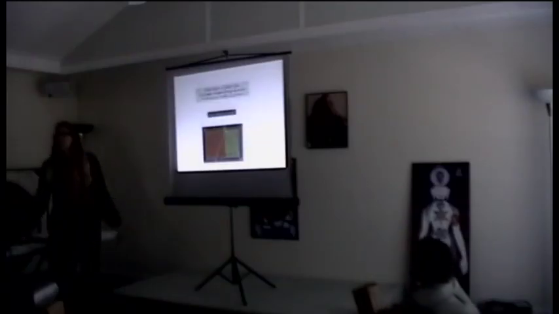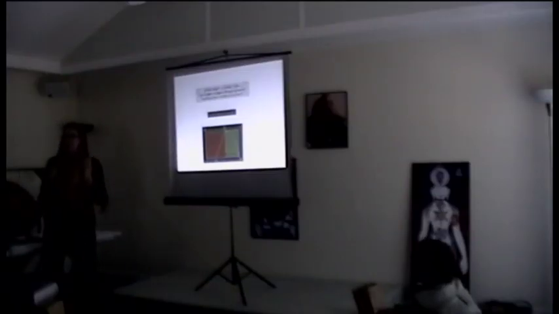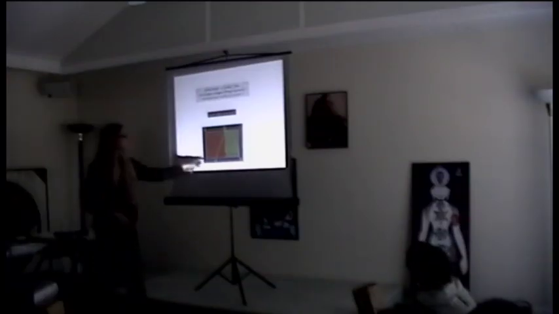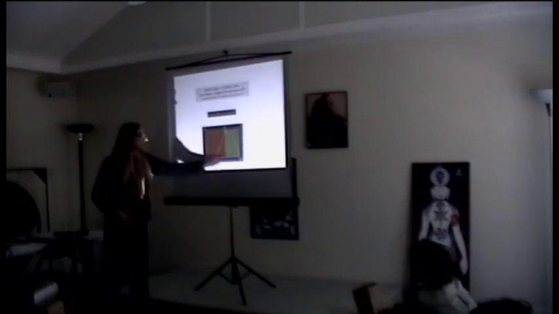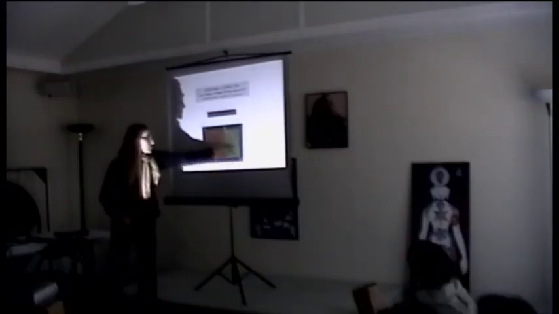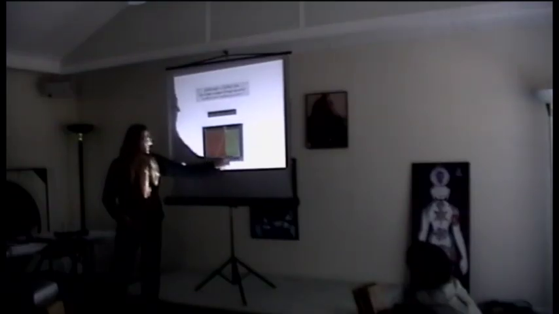Okay, so the golden mean is an amazing mathematical formula, and it's found all over the world in very interesting places. It's really fascinating. This is a perfect square, 1 by 1. You start in the middle of the square, you do a radius, so this would be a circle, and get your second measurement, which continues out.